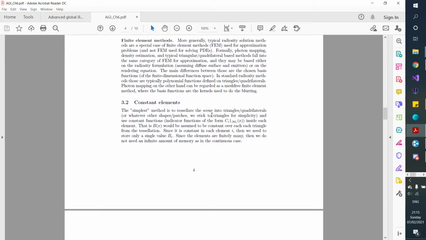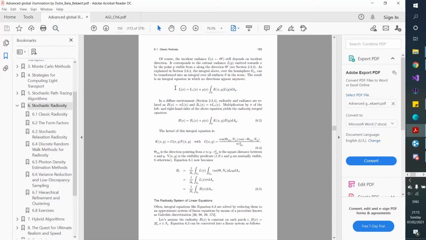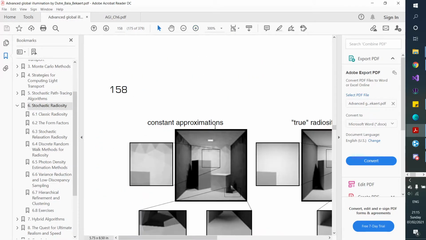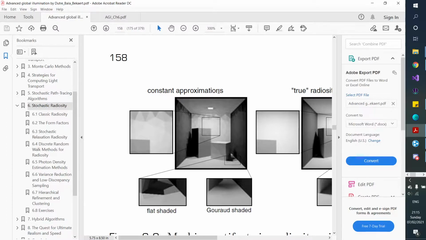So let's look at what this really means. You take some elements, so you have your scene, you tessellate the scene, let's say in even more triangles, and then you say, okay, in each triangle I would pretend that the radiosity is constant.